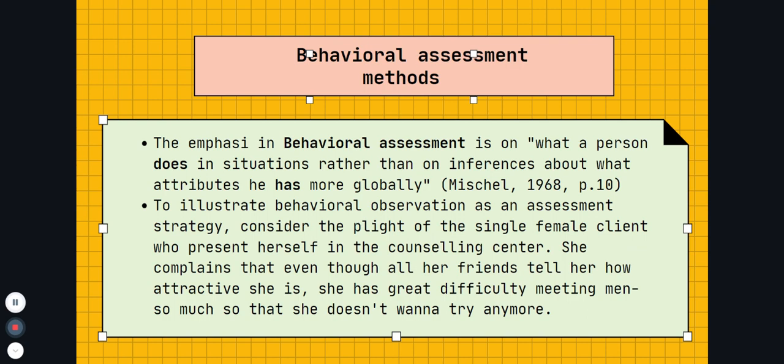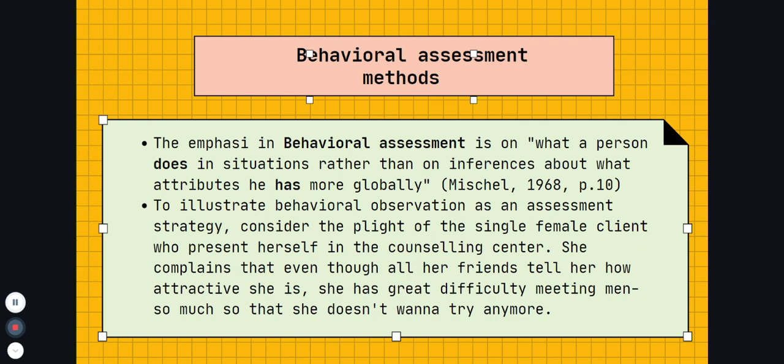So behavioral assessment is more focused kung unsang ginabuhat sa tao. It is more focused on the behavior of a person rather than katong mga physical attributes niya or kanang mga makita nato sa iyahang lawas ing ana. So in behavioral assessment, we dig deep to those behavior that a person has or iyahang ginabuhat from day to day living.